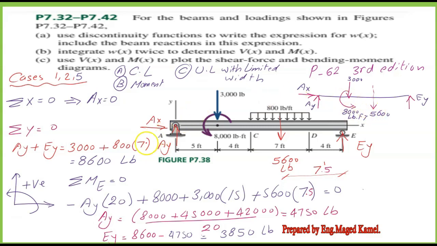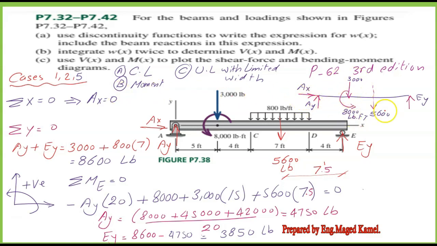We have the positive direction from left to right for horizontal forces, from down up for the vertical loads, while the anti-clockwise direction is considered the positive direction for moments. We start with the sum of x equal to 0. If we investigate the beam, we cannot find any horizontal forces acting, so we could say that A sub x equals 0.